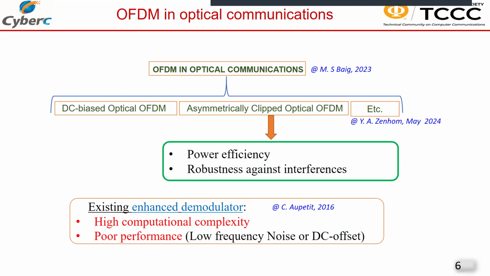Some enhanced ACO-OFDM demodulators are proposed in the literature, but with high computational complexity or poor performances due to low cost noise or DC offset at the receiver.